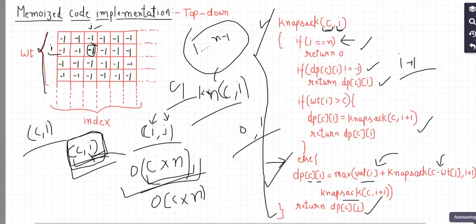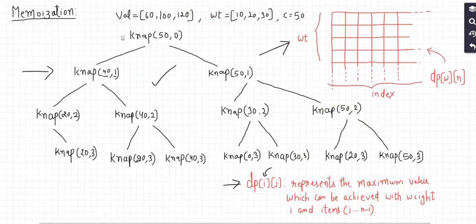Okay, so that's all for this video. In the next video we shall discuss the second method of solving the Knapsack problem, that is the bottom-up manner, building the solution from the smaller solutions. This was the top-down method. In the top-down method, we start from the top and break the items into smaller input sizes, and whatever results those functions with the smaller input size return, we compute the final result from those results.